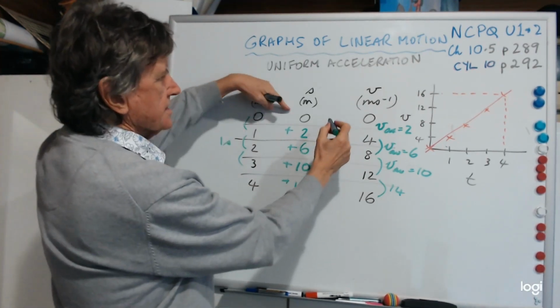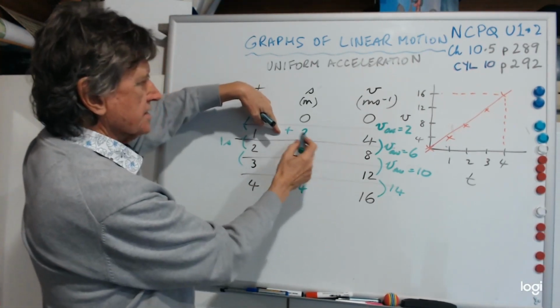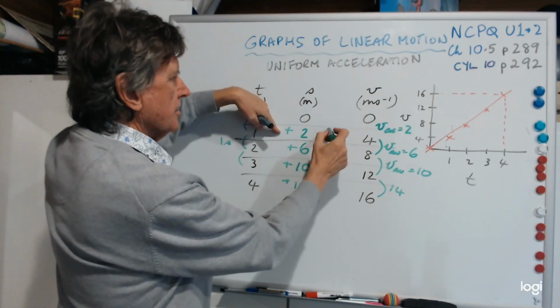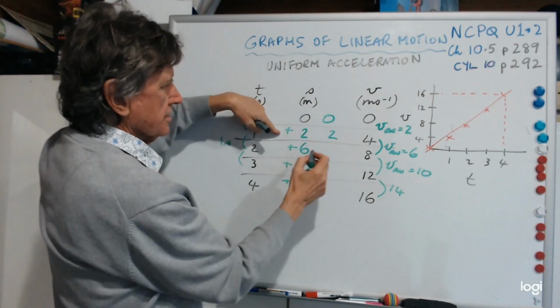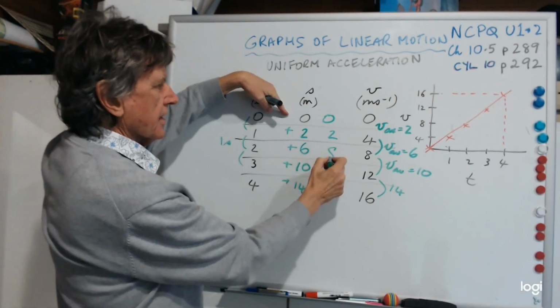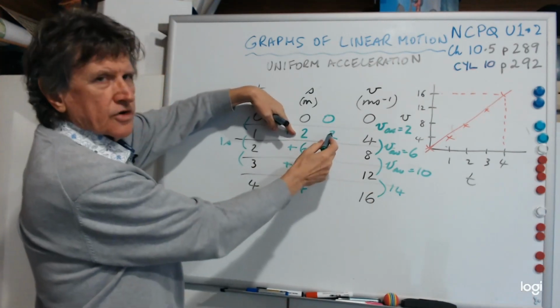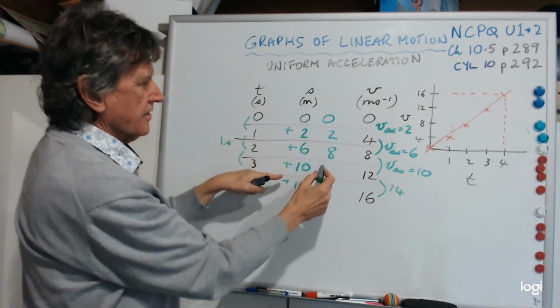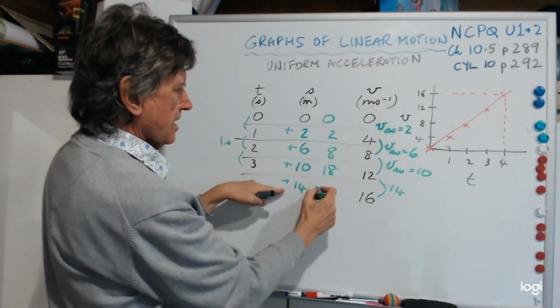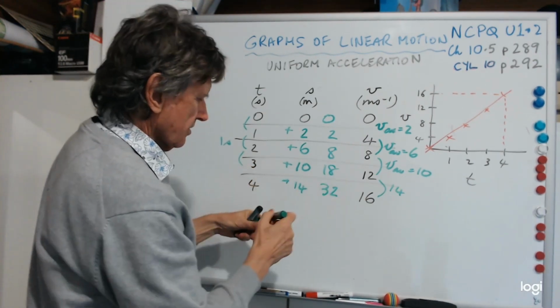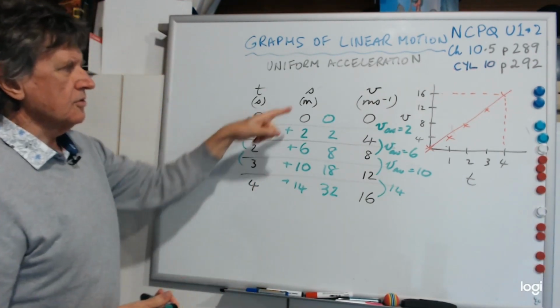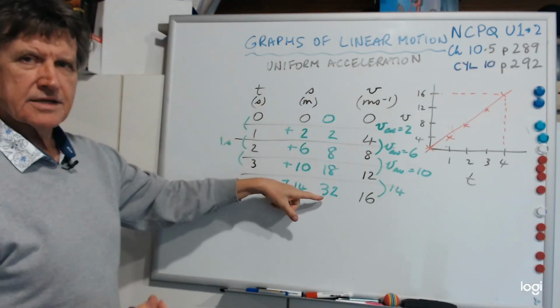So it started off at 0. After 1 second, it's gone 2. So these are my values. It's going at 2, and then it's going at 8, because it had gone 2, and then it does another 6, so it's going at 8, 18, and 32. So the displacement of the ball in meters is that.